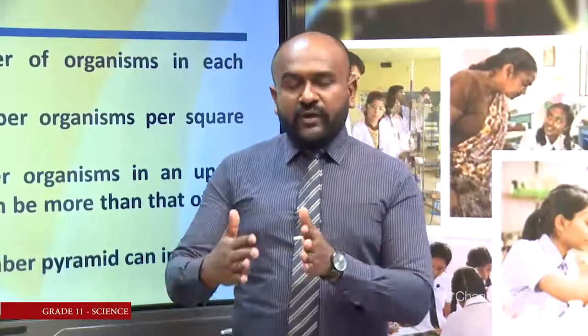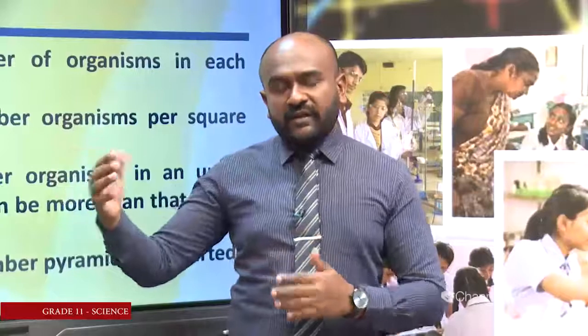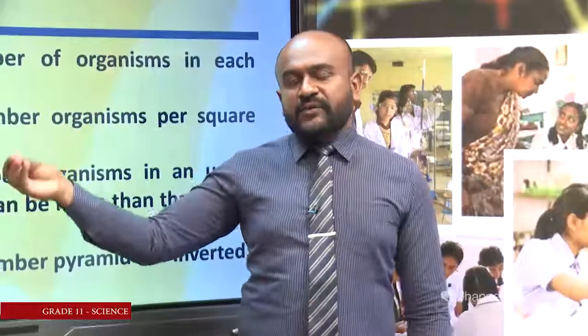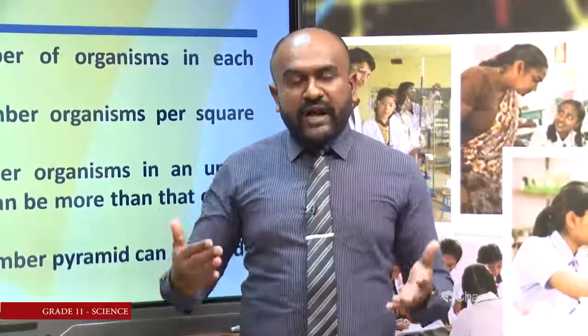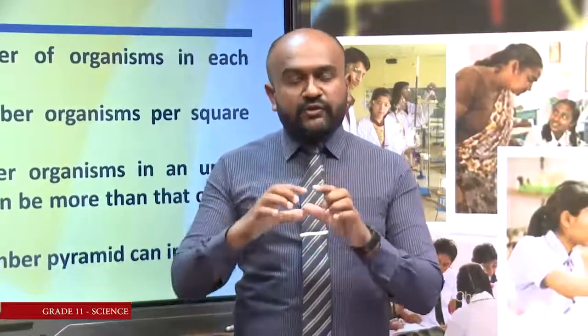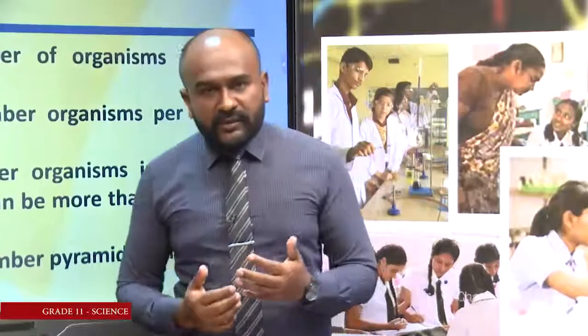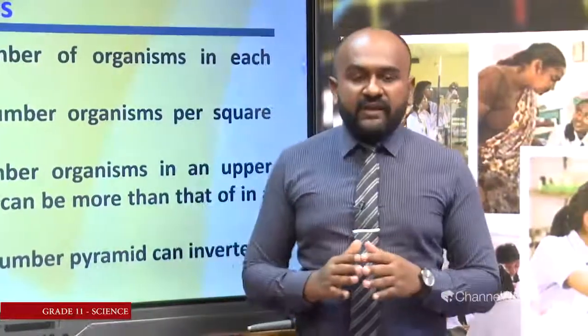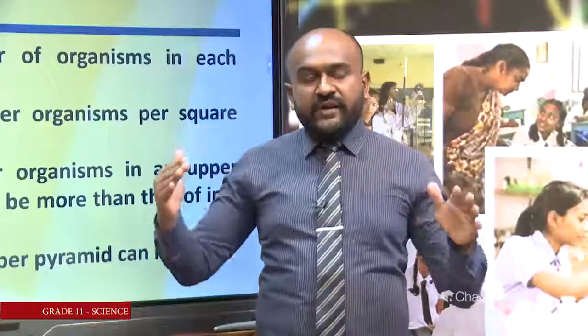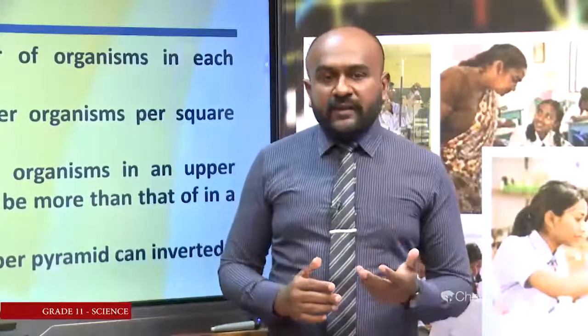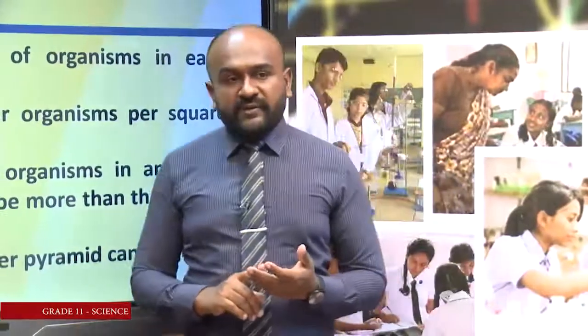So, in that way as we go up along a food chain, we see a decrease in the number of organisms. Then if we draw a diagram proportionately to the number of organisms belonging to a particular trophic level, we see a decrease as we go up. Then it gives us a shape of a pyramid. That is why we call that the number pyramid. So, let us see a number pyramid here.